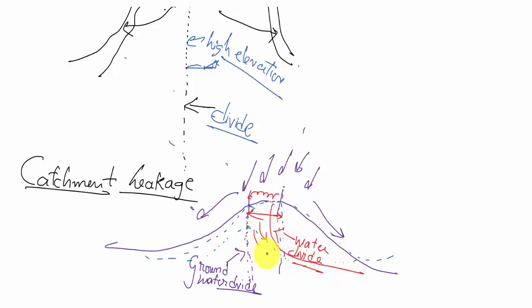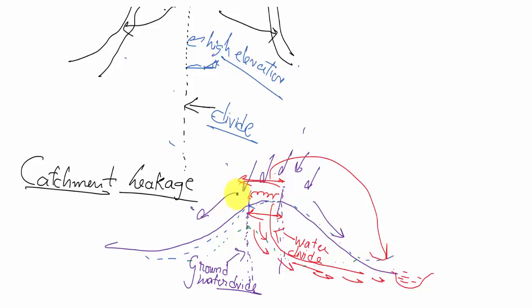That water will come and meet here. Water flow will occur like this and meet a stream somewhere here. So the water which was part of this watershed has come to this side. This is called catchment leakage.